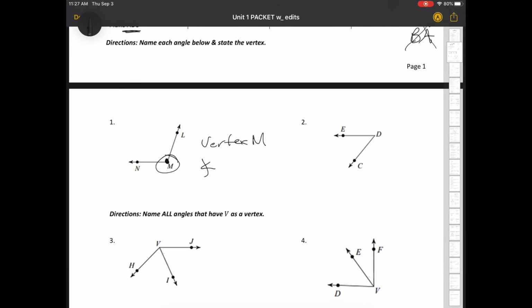So we can call this angle NML or angle LMN. Does not matter the order. Same thing goes for the second one. Our vertex is D. And again, it has to be the middle letter. So angle EDC would work, or angle CDE.